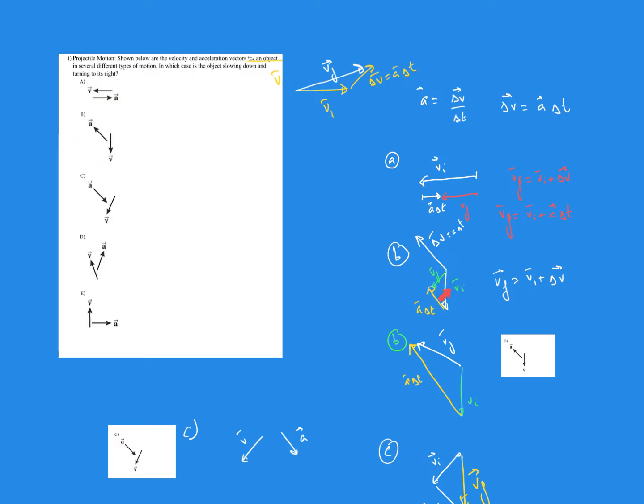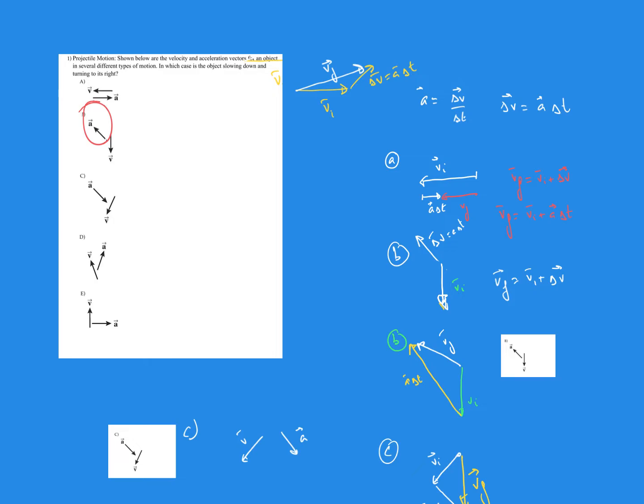This is V final, and this is the change in V. So let me erase here. This is V initial. A is going like this, so A by delta t, that is the change in V, is going like this.